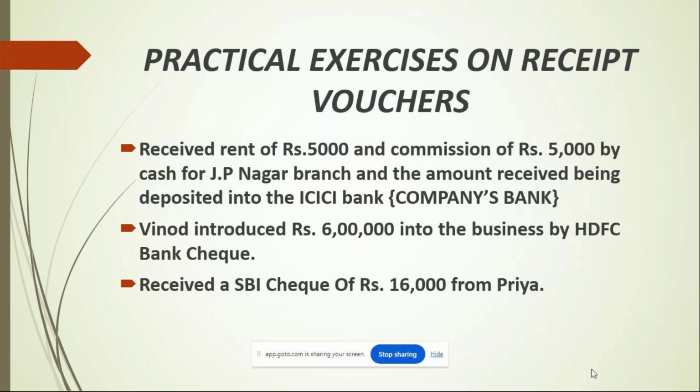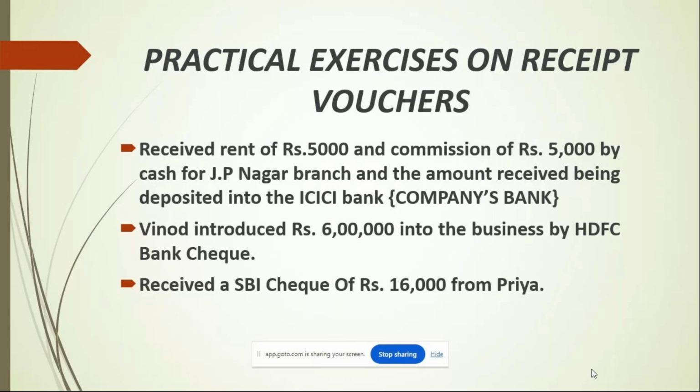But in the second case, we have received a check payment from Priya. I have never given anywhere that Priya has introduced 16,000 into the business. Second, the company has received a payment from Priya. So Priya cannot be grouped under capital account.